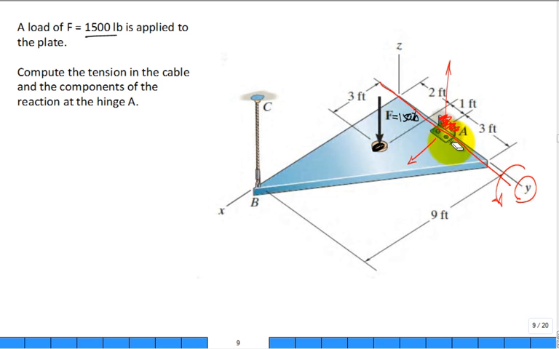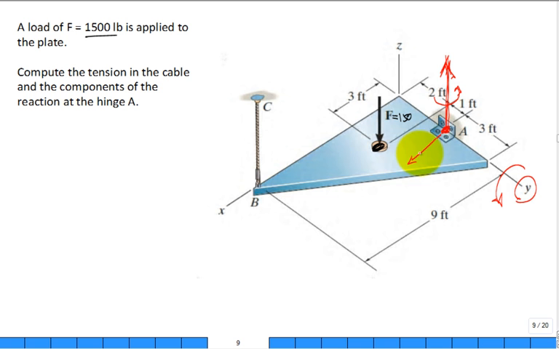Okay, but if I had this axis, which is parallel to the z, and I tried to rotate it, do you think the hinge might say something? Yeah, it would develop a non-zero couple moment to resist that rotation of that triangular plate around this axis parallel to the z going through point A, which is the hinge.